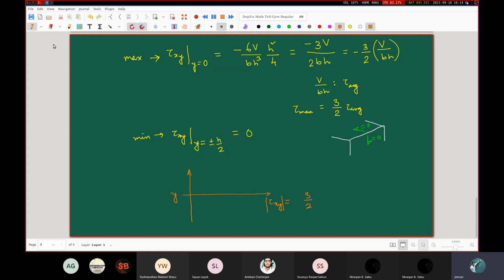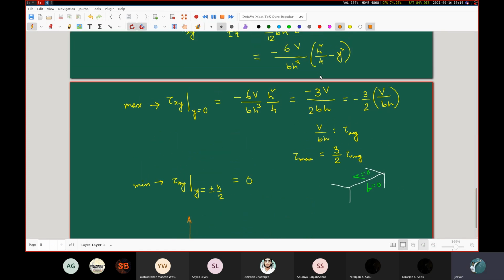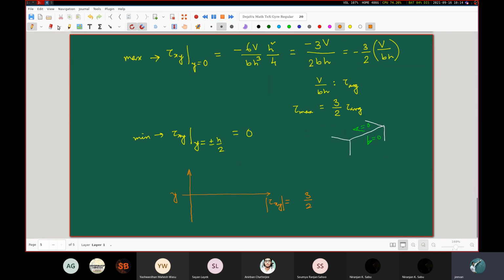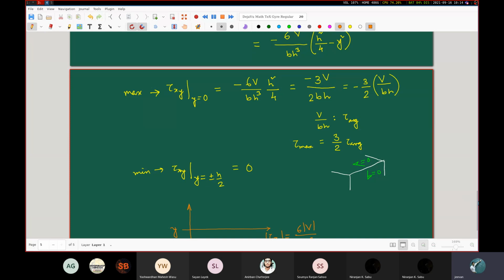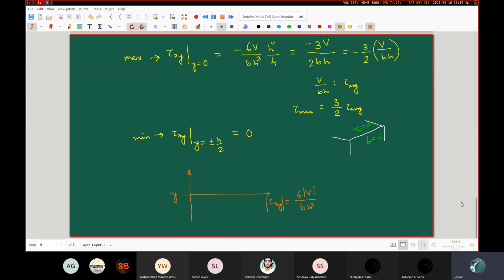So this is going to be 3 by 2. If you just look at this expression, it is not 3 by 2, it's 6v by bh cube. Let me just write that. 6 mod of V by BH cube, and then I have this h square by 4 minus y square.